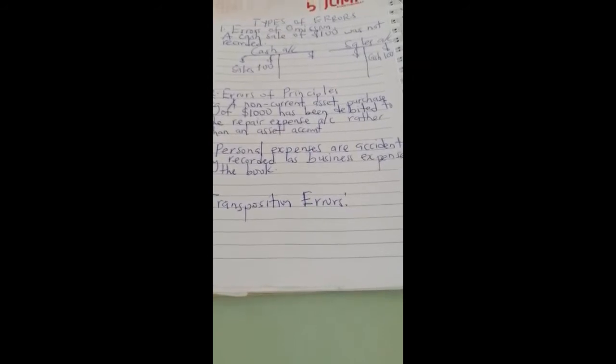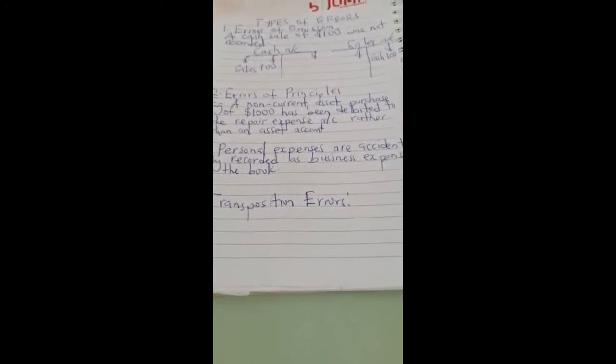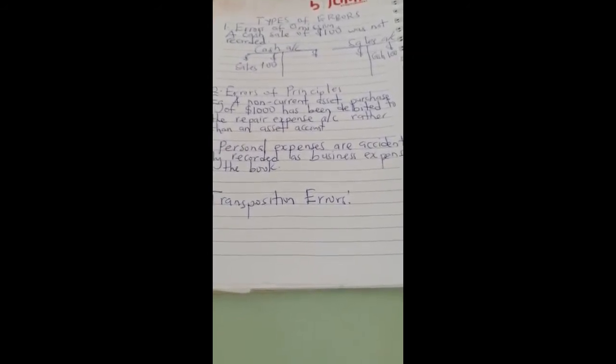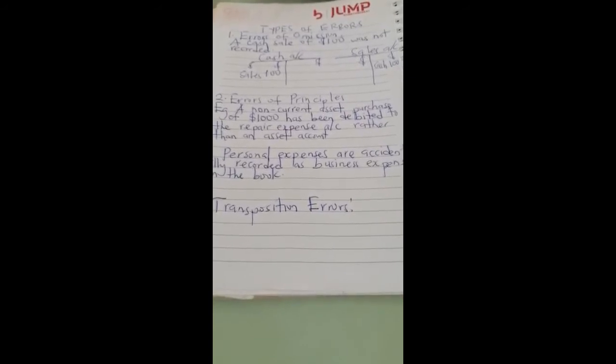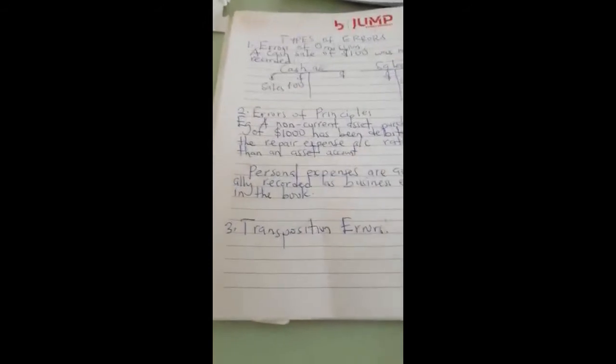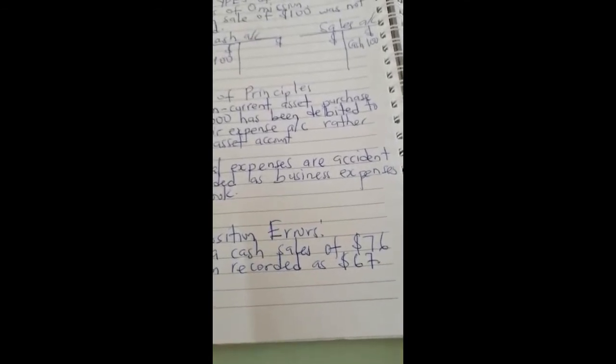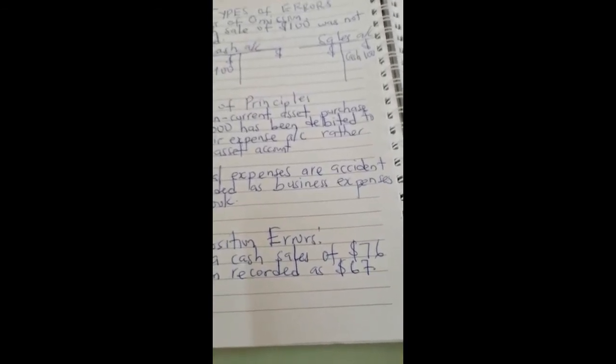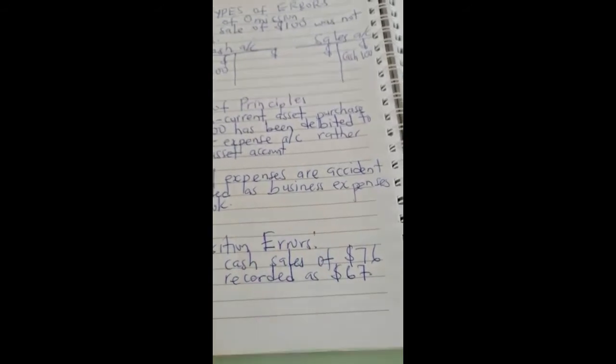Now, we can also say that the correct double entry has been made, but with the wrong amount. So let me give you an example where a cash sale of $76 has been recorded as $67. This is an example of transposition or error of original entry.